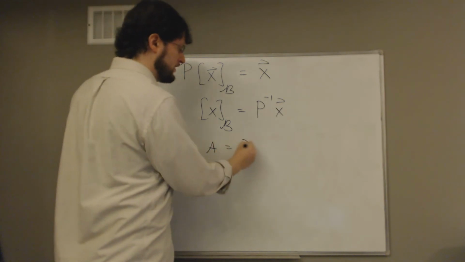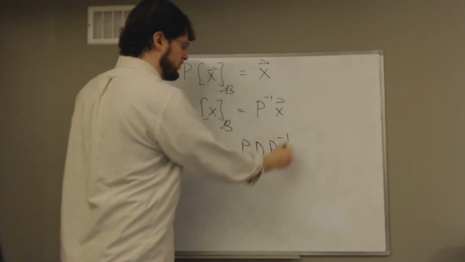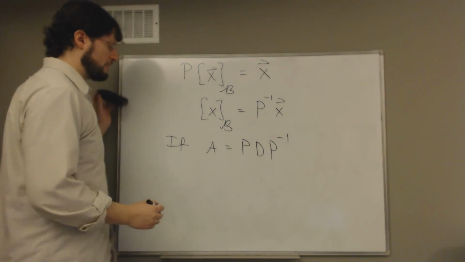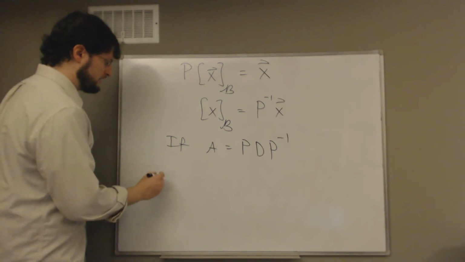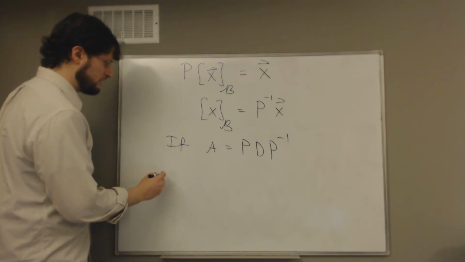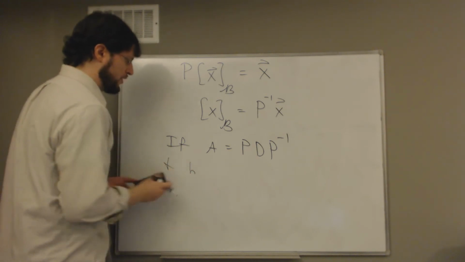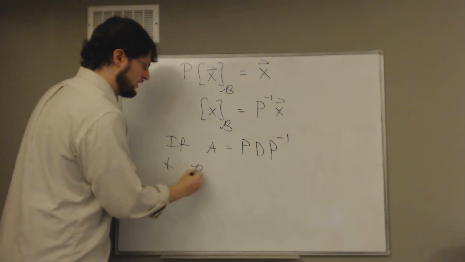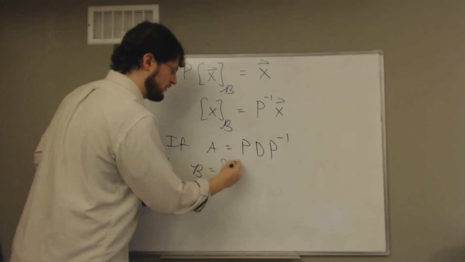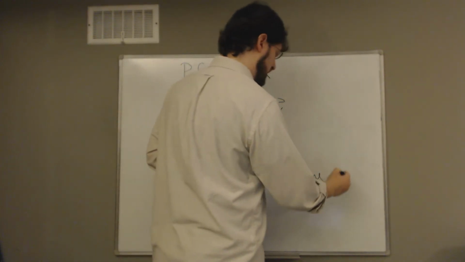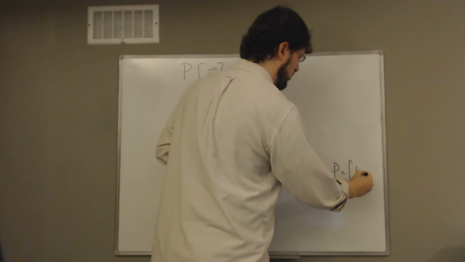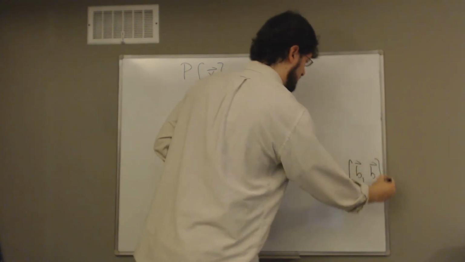If A is P D P inverse, what does that mean? Let's say the basis B is B1, B2, where P is B1, B2, as before.